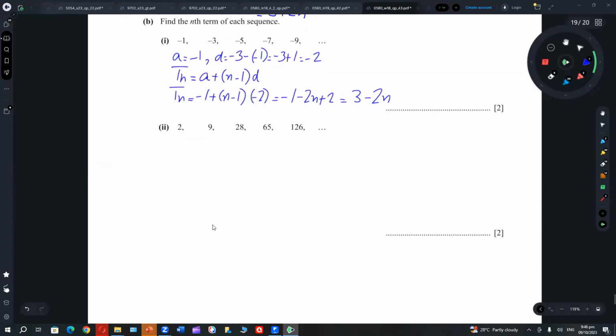So we have to now here again think: 2, then 9, then 28, 65. Numbers are jumping up. How has 2 become 9?